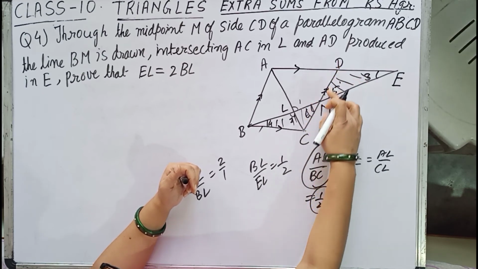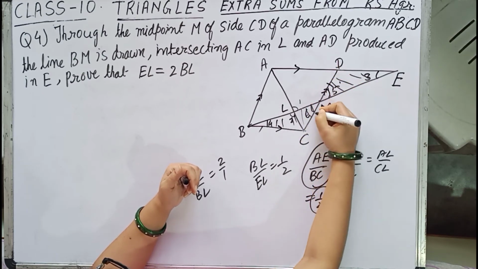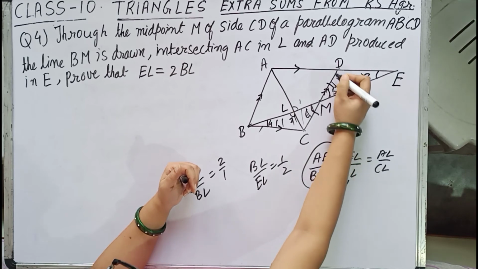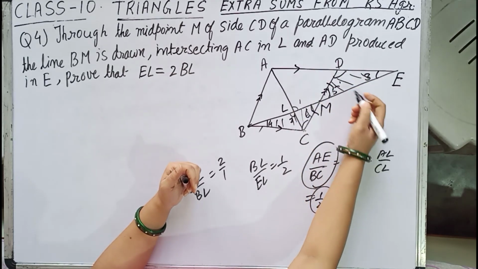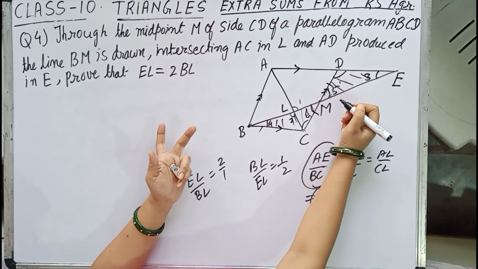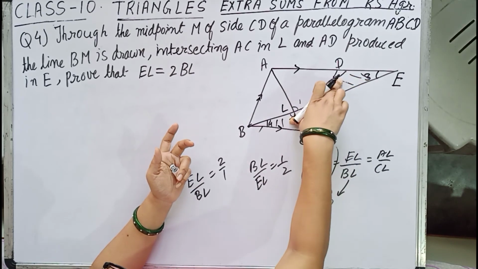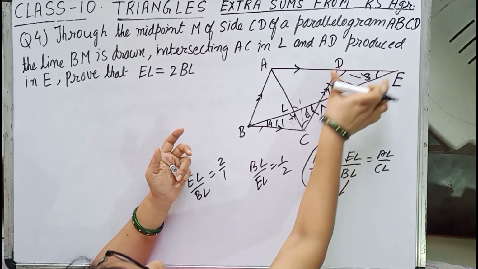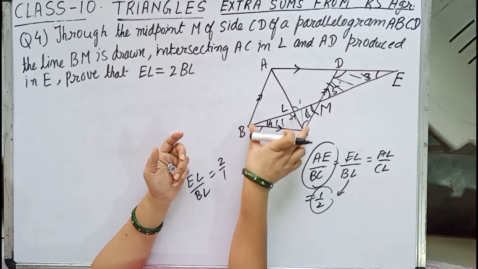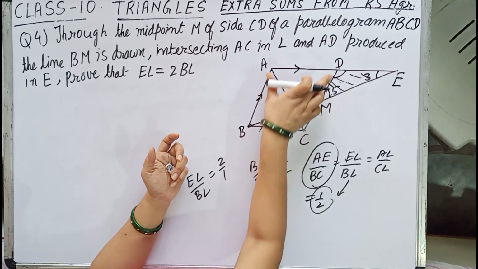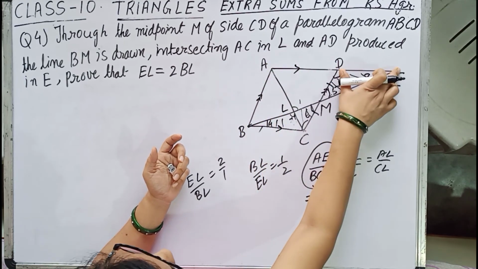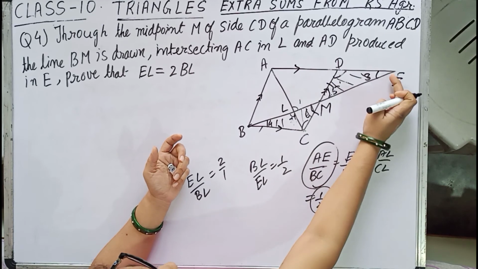M is the midpoint of CD, so this side equals this side, and this angle equals this angle because these two lines are parallel. So by ASA, these two triangles are congruent. Then DE equals BC, but BC equals AD. So AD equals DE. It means D is the midpoint of AE.